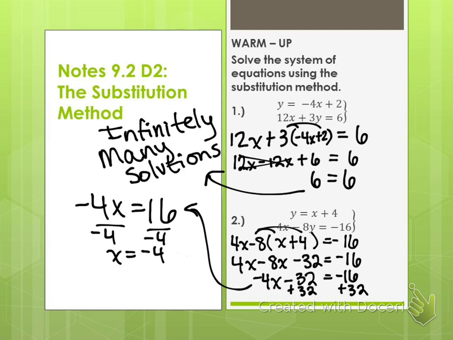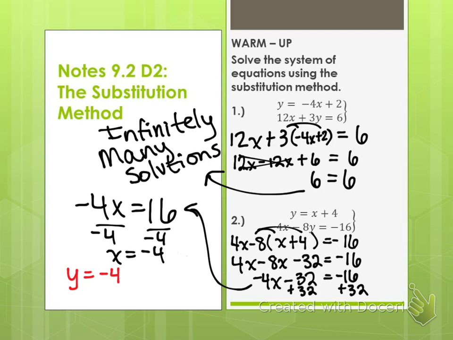Tariana, how am I going to find y? Good. If we know what x equals, we can use that information to help us figure out what y should equal. So if x is equal to negative 4, I can go back to one of these first equations and plug that in. I'm going to use the top one.